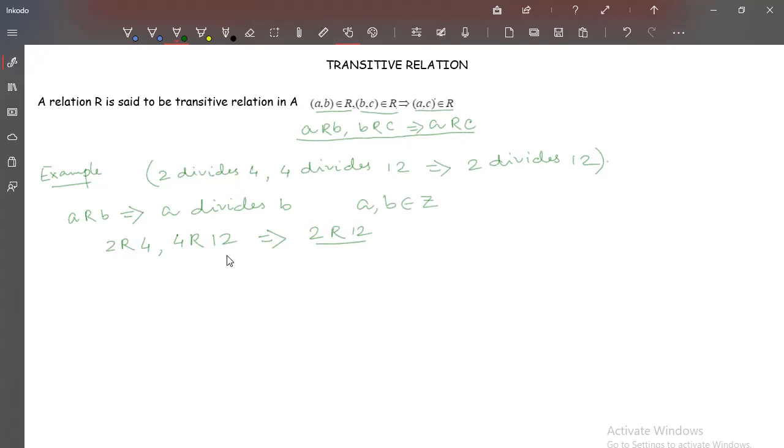That is the transitivity. So divides is a transitive relation.